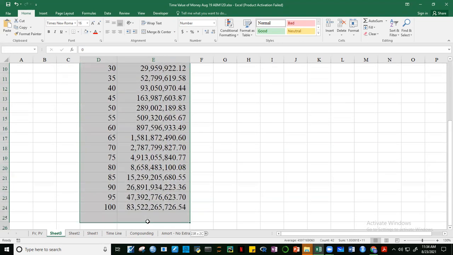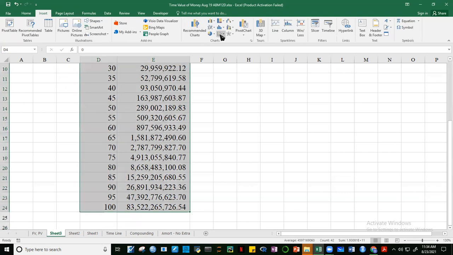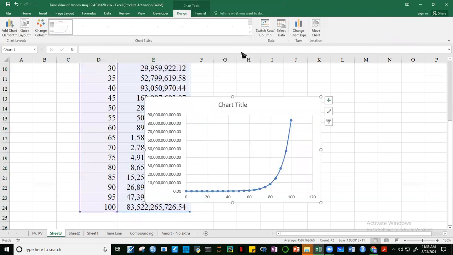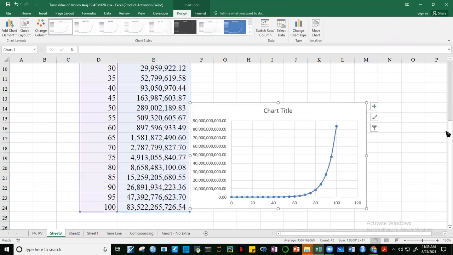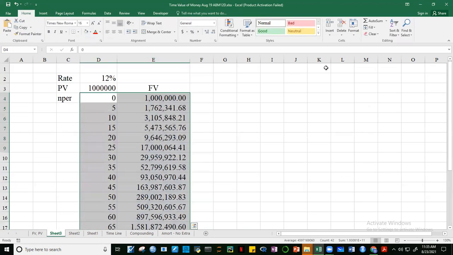Let me plot this. Insert. Let's use the scatter plot. This one. Okay. So take a look, guys. Control X. It's not ganun. Lalagay ko dito sa taas.